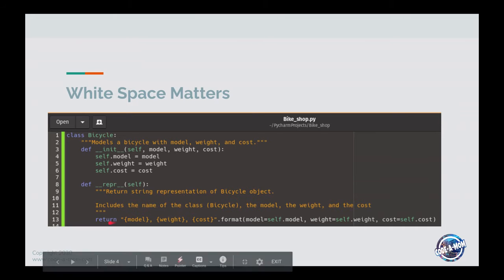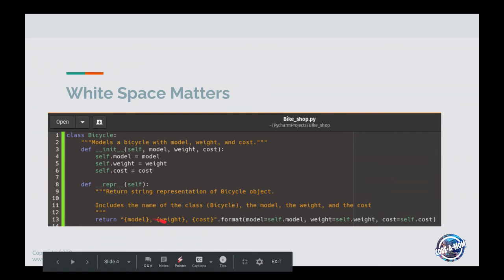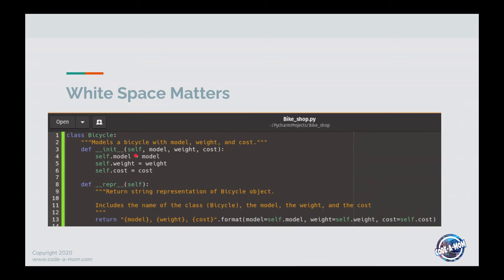We are telling Python how we want a text string to be given back to us if we call the bicycle object. It's just going to tell us the model, the weight, and the cost, the same things we identified up in the initialization method.